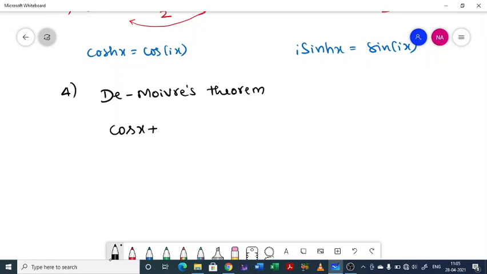Cos x plus i sin x, all power n, is equal to cos nx plus i sin nx. So this is de Moivre's theorem. Here n is any real number.